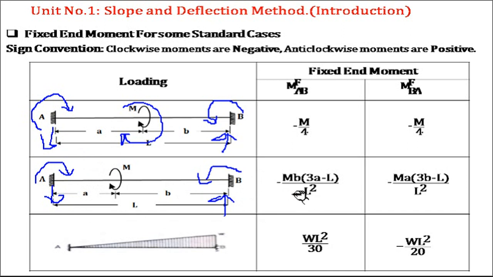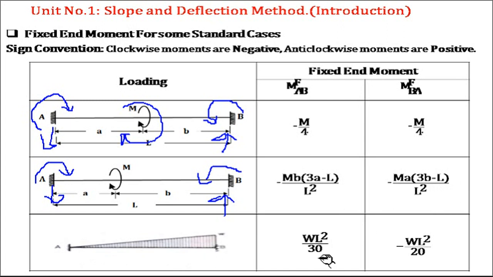So the fixed moment is minus MB bracket 3A minus L upon L square, and at B it will be minus MA bracket 3B minus L upon L square. The next case is a fixed beam subjected to a uniformly varying load.